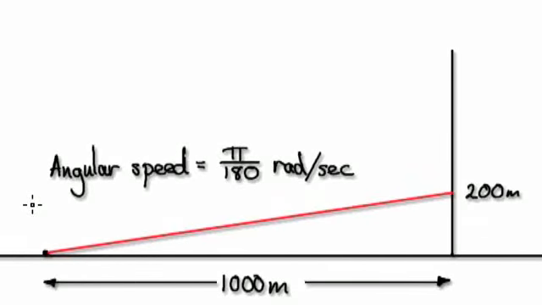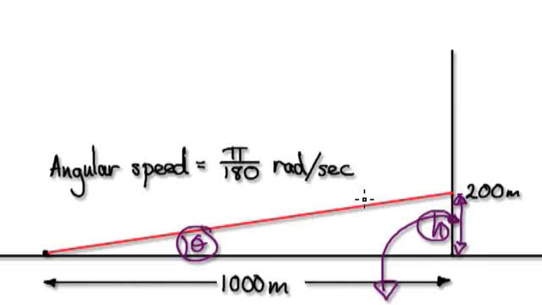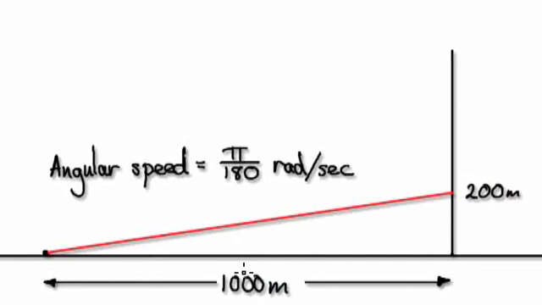To do this, this here will be h, and we're going to call this theta. We need some connection between theta and h, and that connection is tan.